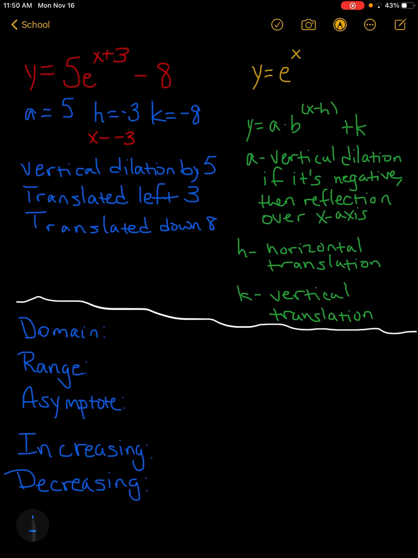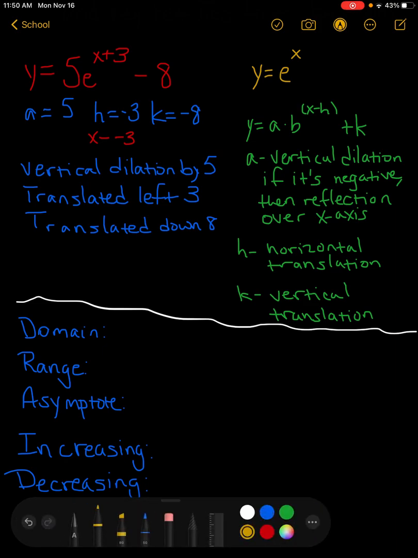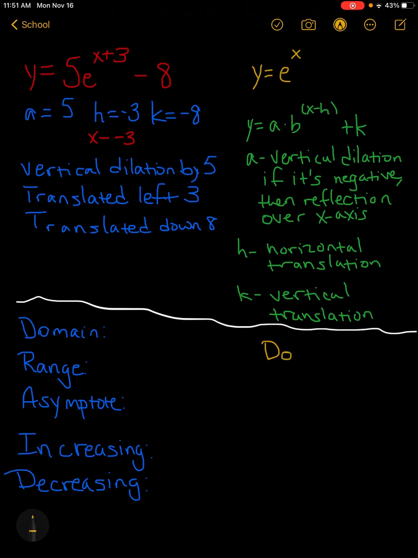So before we get into that, let's just look at the basic generic non-transformed key features. So whenever we're looking at exponentials, the domain of exponentials is always all real numbers.